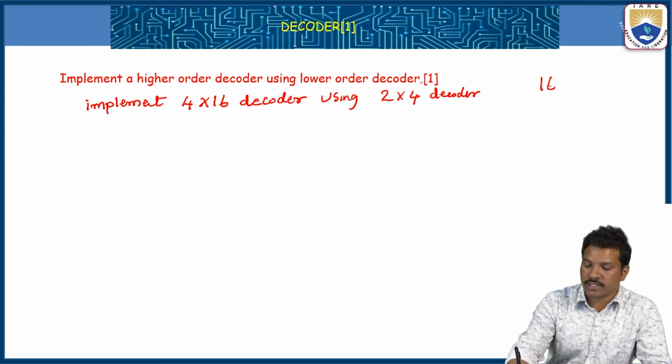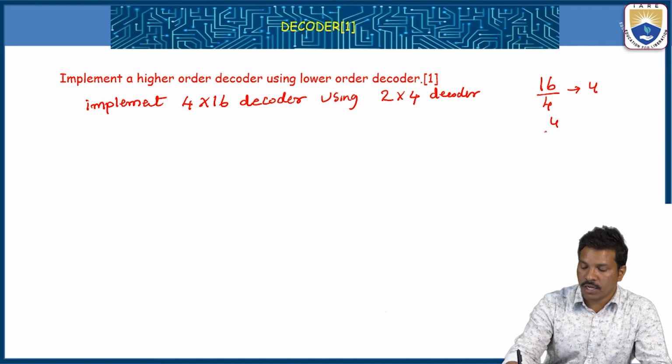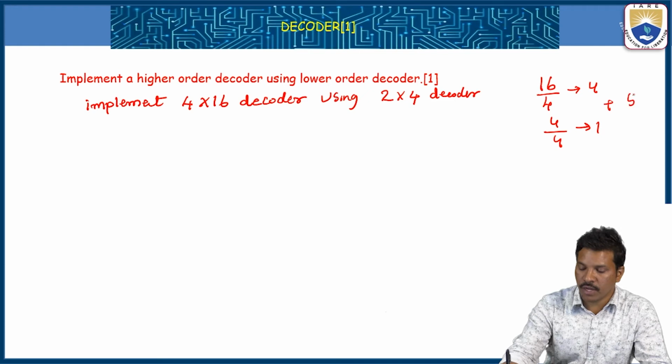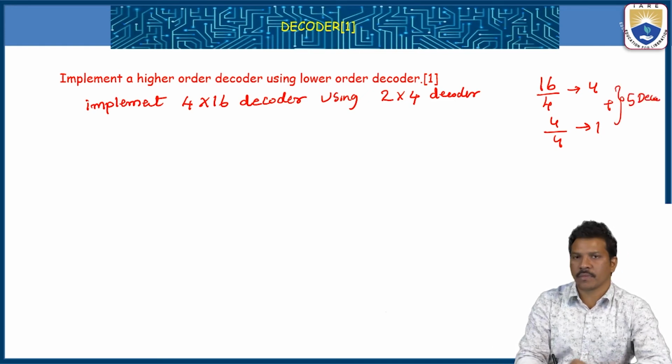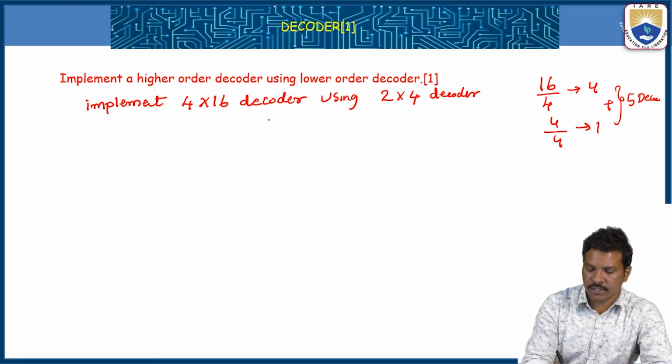So 16 divided by 4, you will get 4, and again take that 4 divided by 4, you will get 1, so that you will get 5. We require 5 decoders.